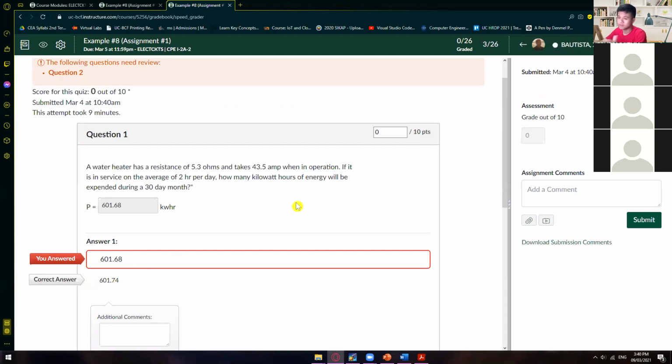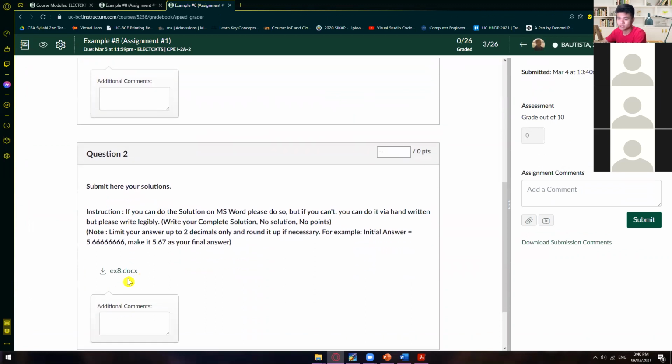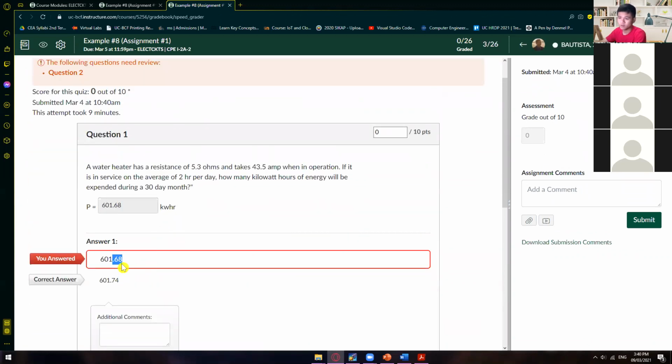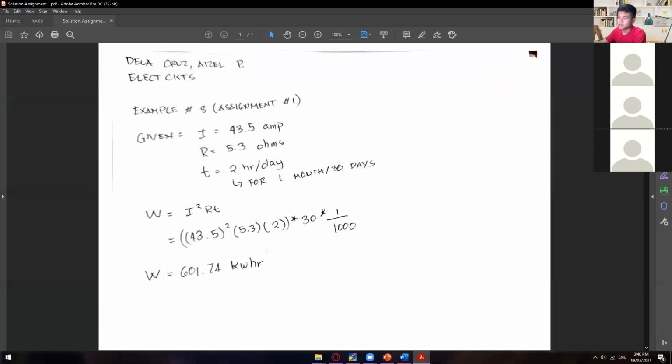I haven't checked all of your assignment number 1 yet. If your answer is really close, I have to check your solutions first on how you got 68 instead of 74. Here's the solution for assignment number 1.